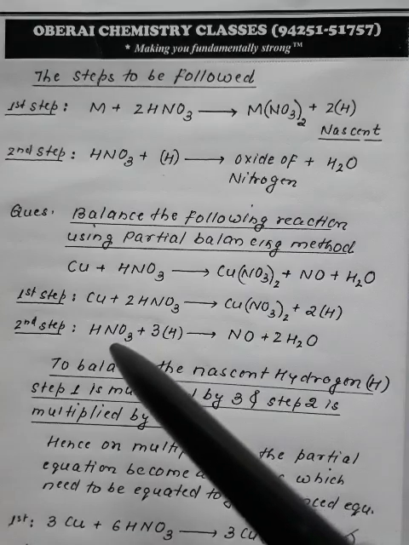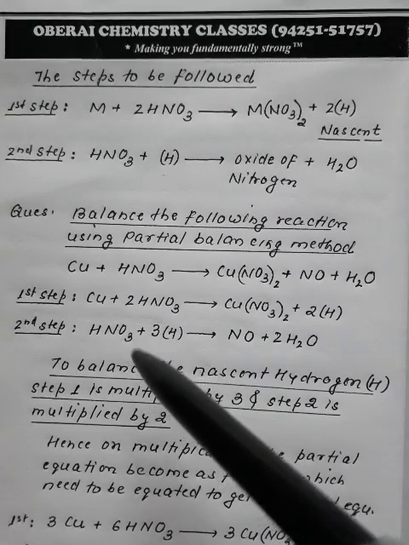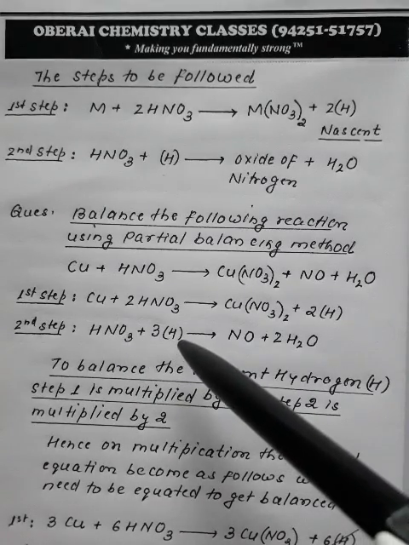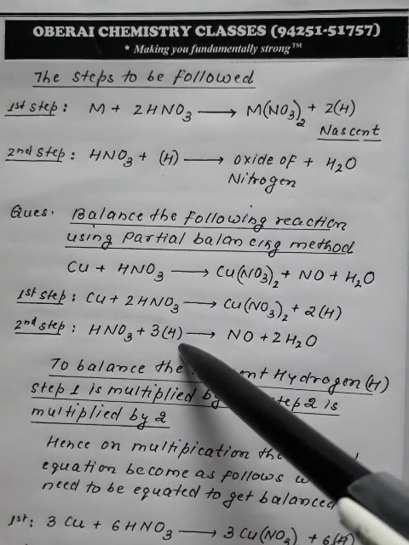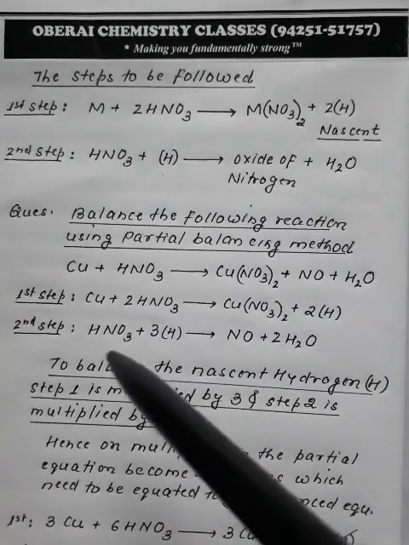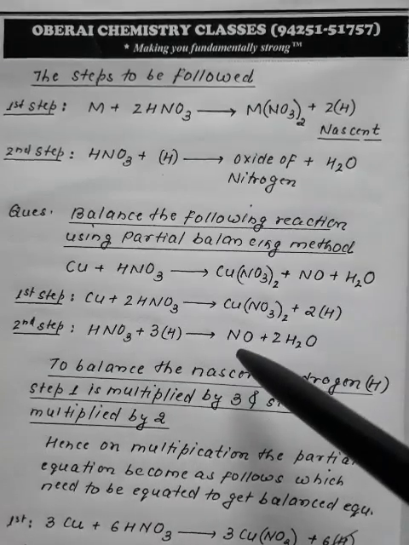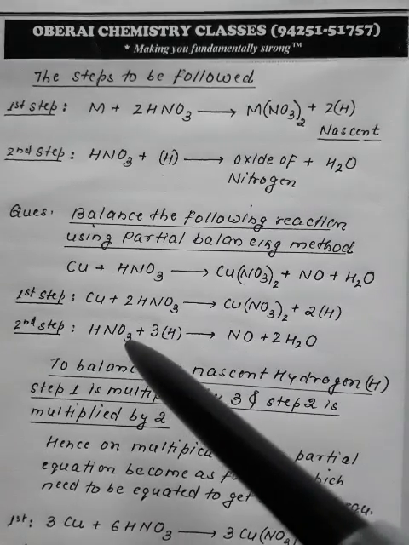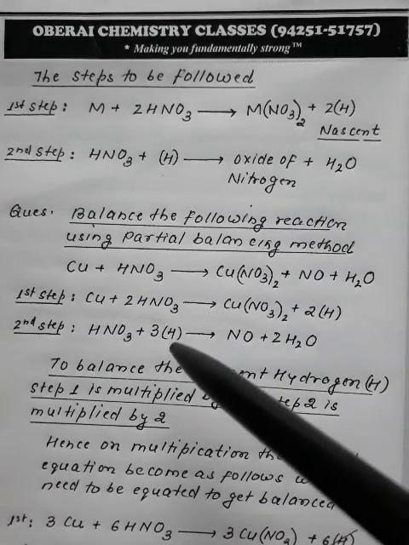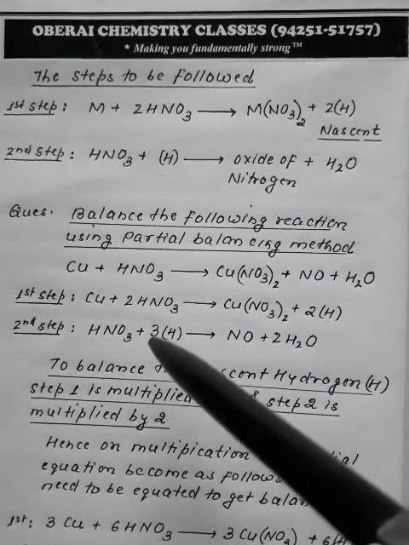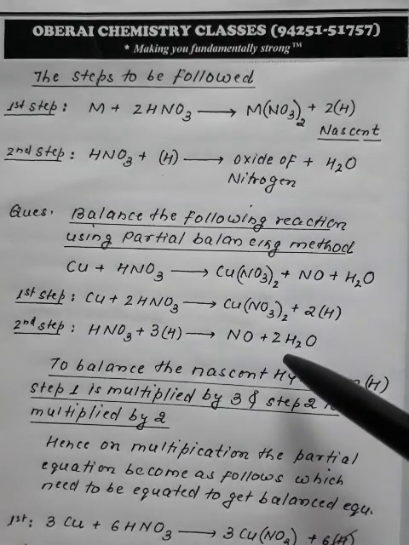In order to balance hydrogen, we put 3 nascent hydrogen. So nitrogen is balanced 1 and 1, oxygen is balanced 3 and 3, and with 3 nascent hydrogen, 1 and 3, 4 hydrogen is balanced.